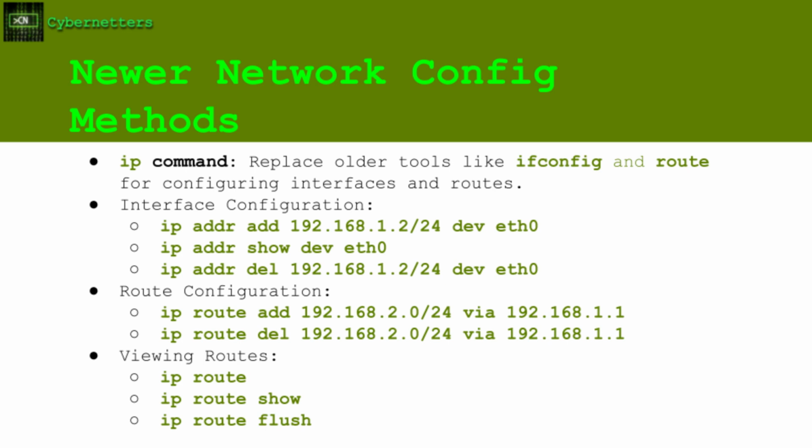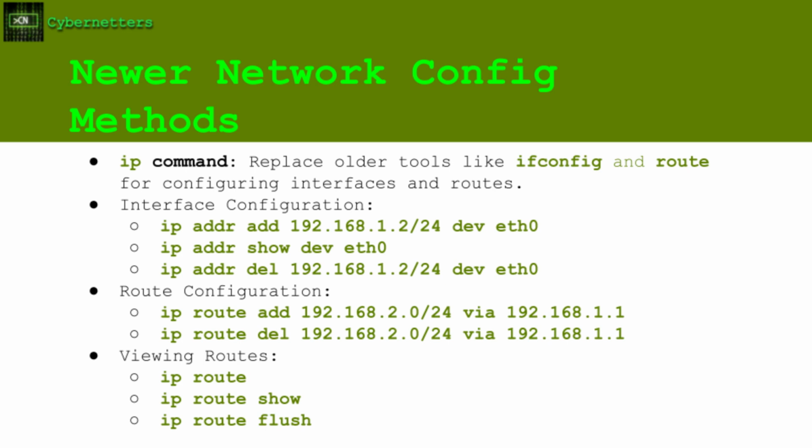Do you want to see what's configured? So ip addr show will list all the details for that interface. And if we want to remove the IP, we just run ip addr del, which just removes the IP. And then for routing, instead of using the route command, we would use ip route.